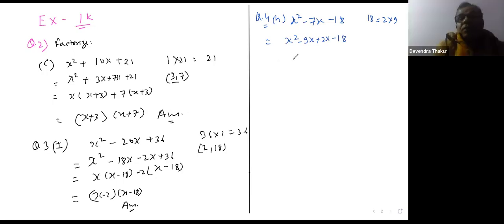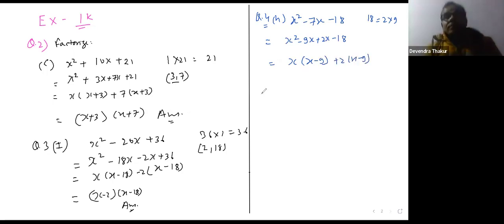So we have x is common, so x minus 9 and plus 2 times x minus 9. So this will be x plus 2 and x minus 9.